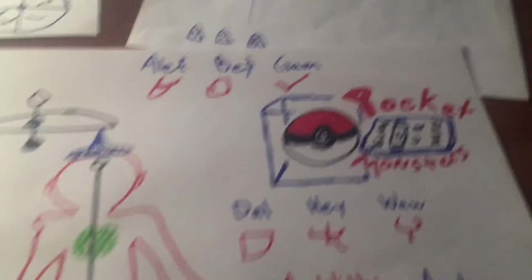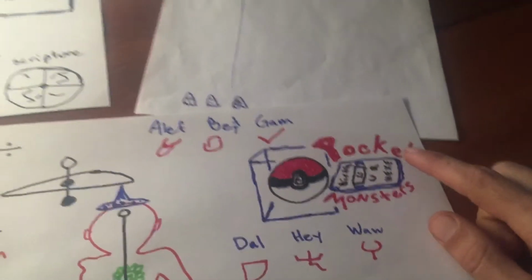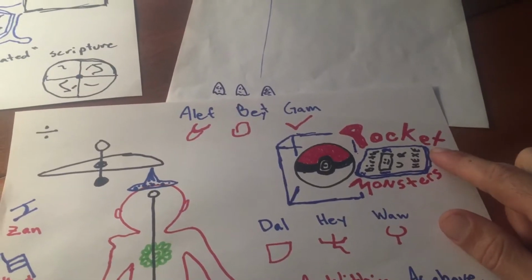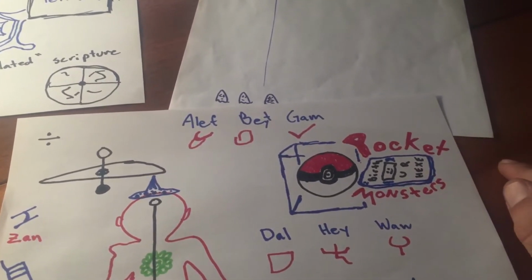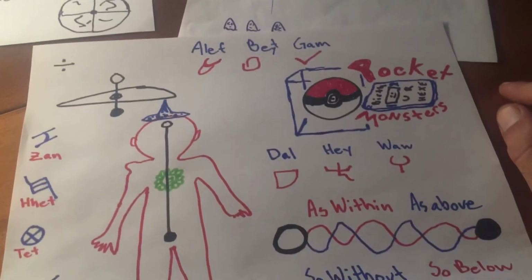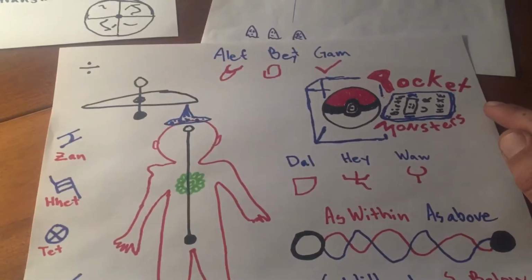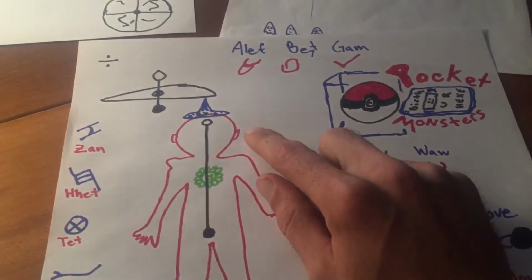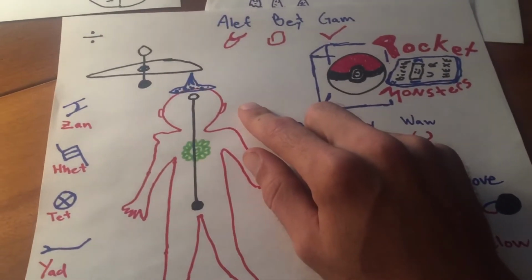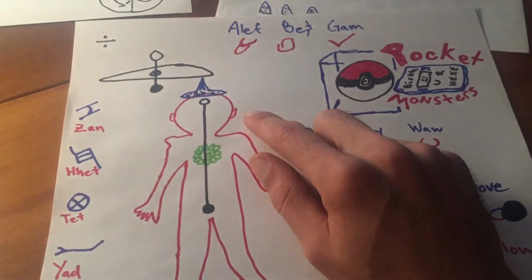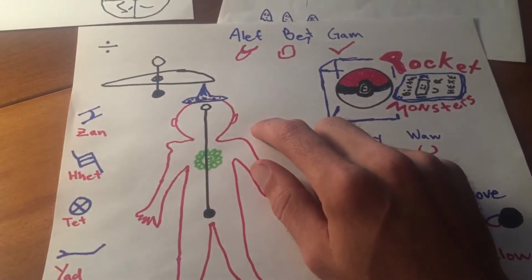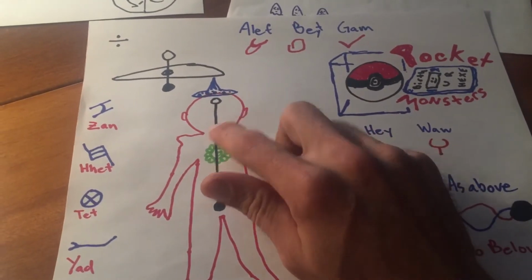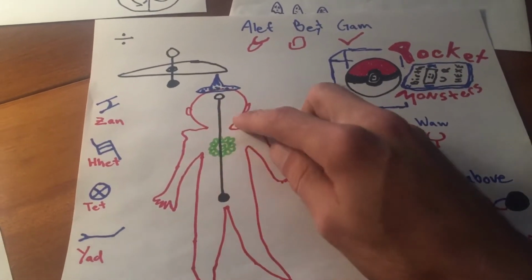The whole pocket monster thing, Pokemon, you, the man, demon. So anytime you're drinking spirits like alcohol and beer and all that, you're literally accepting that spirit to control or influence your avatar for a while.